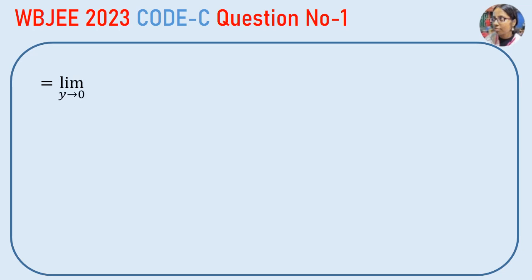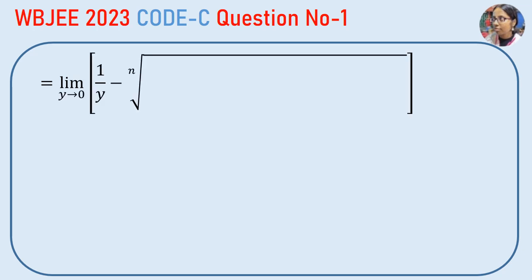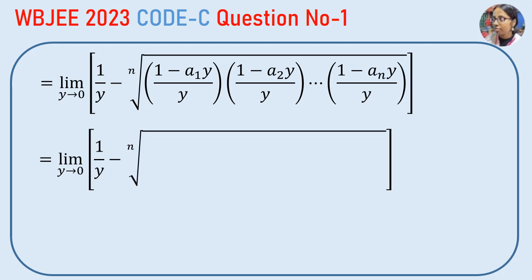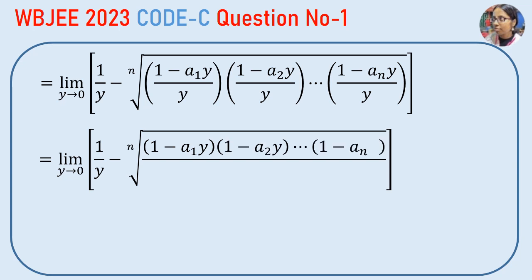We have limit y tends to 0, 1 upon y minus nth root of ((1 minus a1y) upon y)((1 minus a2y) upon y)...((1 minus any) upon y). On simplification, we get limit y tends to 0, 1 upon y minus nth root of (1 minus a1y)(1 minus a2y)...(1 minus any) divided by y to the power n.